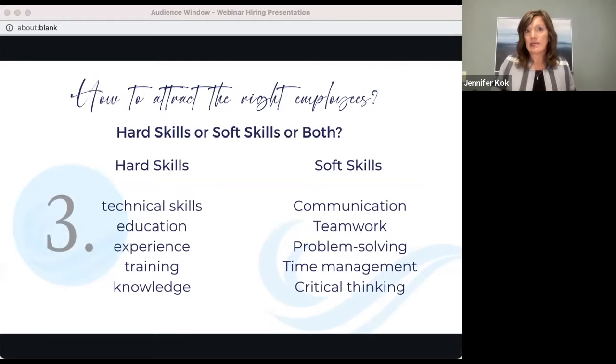If you are a business that owns a dog grooming business, yes, you need somebody who's been trained in dog grooming. But can you look at some of your positions and look for soft skills? Soft skills are communication, teamwork, problem solving, time management, critical thinking. Ask yourself, are there any open positions that you're willing to train if you found the right applicant based on their values and culture?